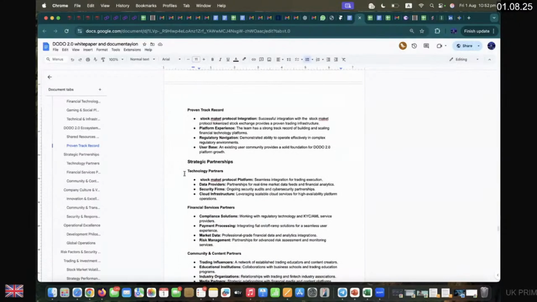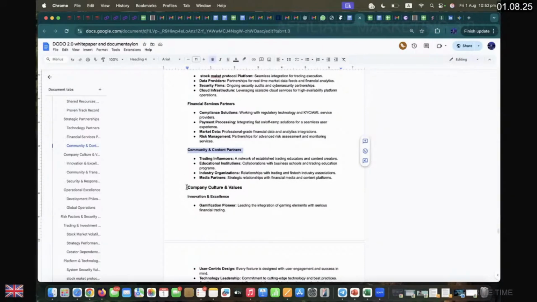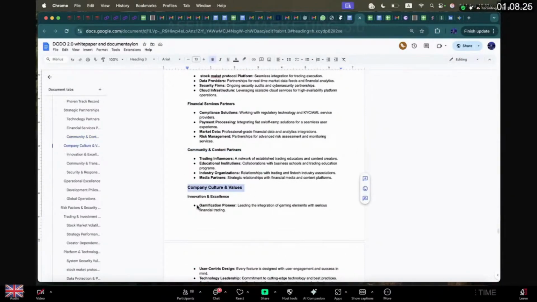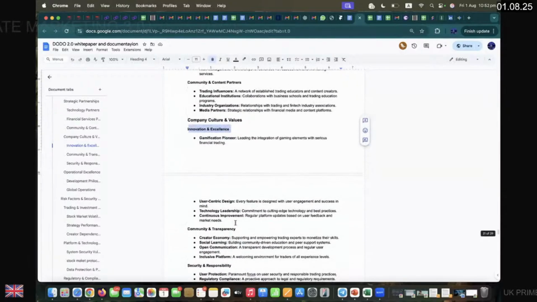Strategic partnerships, technology partners. We will extend our partnerships with various tech companies, various financial service providers, partners, various community and content partners, and this is our company culture and values. Innovation and excellence. Gamification pioneer, leading the integration of gaming elements with serious financial trading.